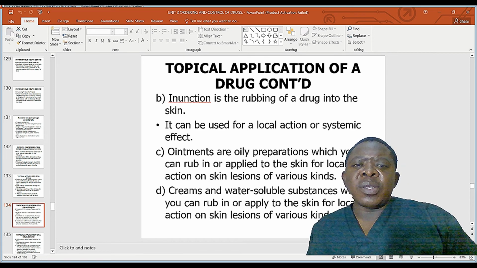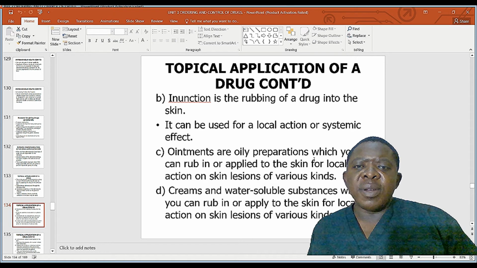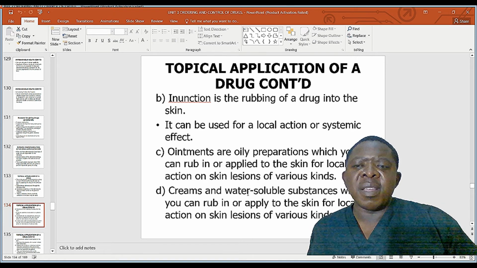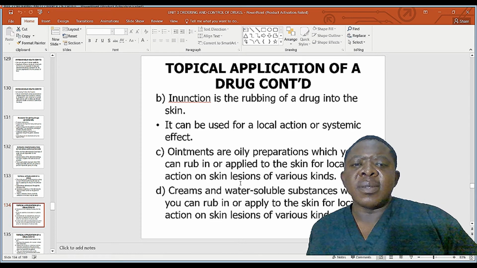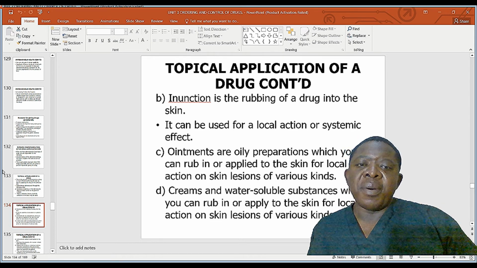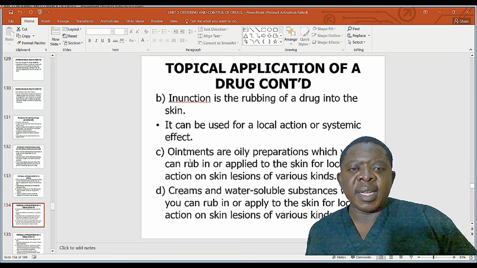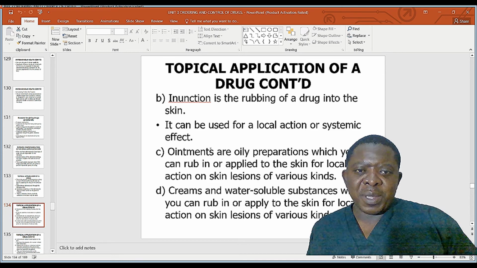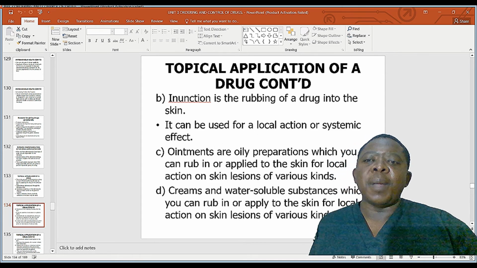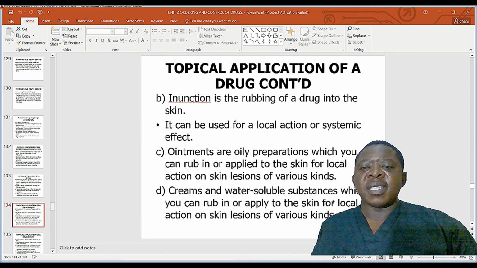Other topical application drugs include ointments, oily preparations which you can rub in or apply to the skin for local action on skin regions of various kinds. Ointments can be impregnated with a certain drug that is active within the ointment. Then creams and water-soluble substances which you can rub in or apply to the skin for local action.